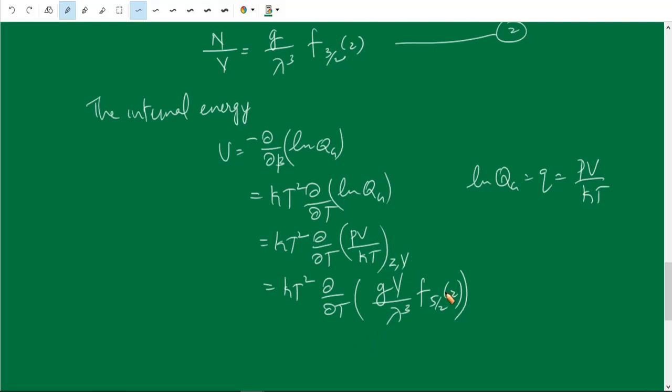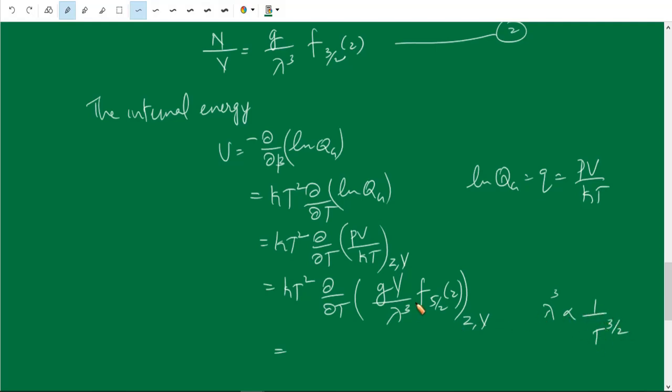Here lambda cube is proportional to 1 by T raised to 3 by 2, (h divided by 2 pi m k T) whole raised to 3 by 2.